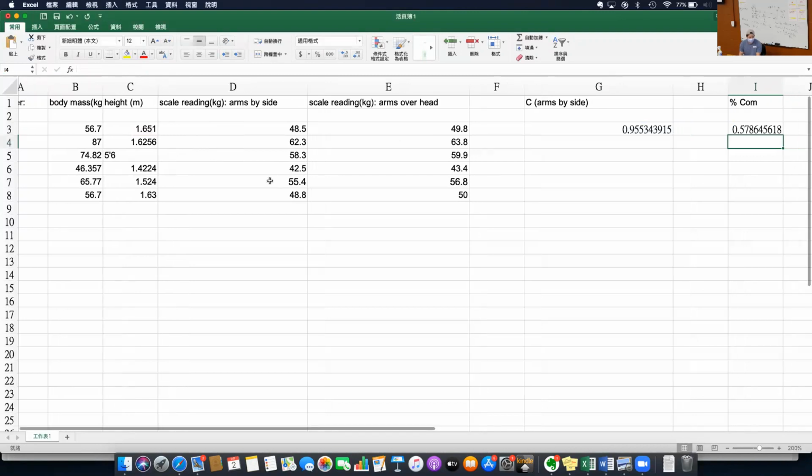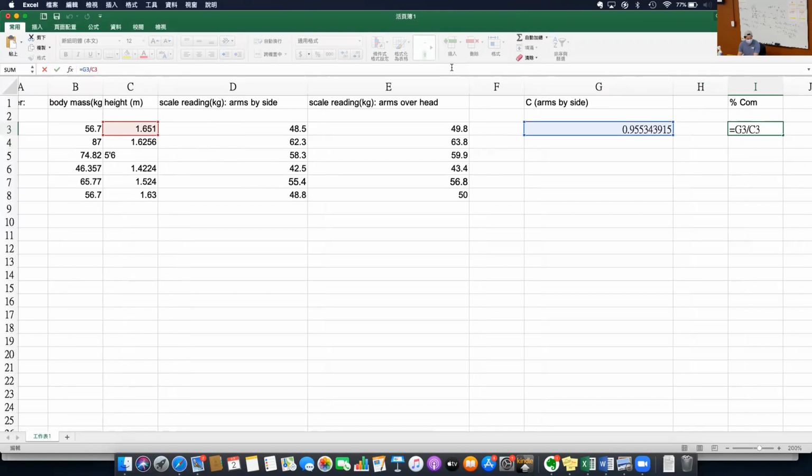So we know that, okay, and for the percentage we need to multiply by 100. So that's 57.8%. The height of your center of mass is 57% of your total height, which makes sense. It's about half, right?